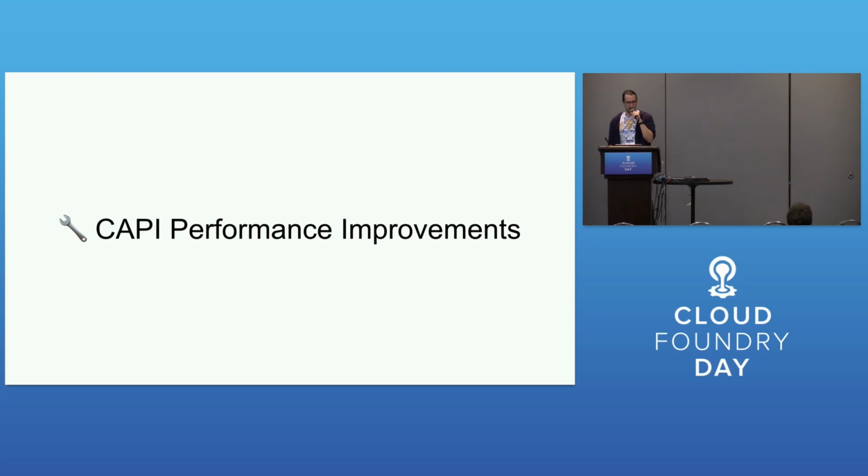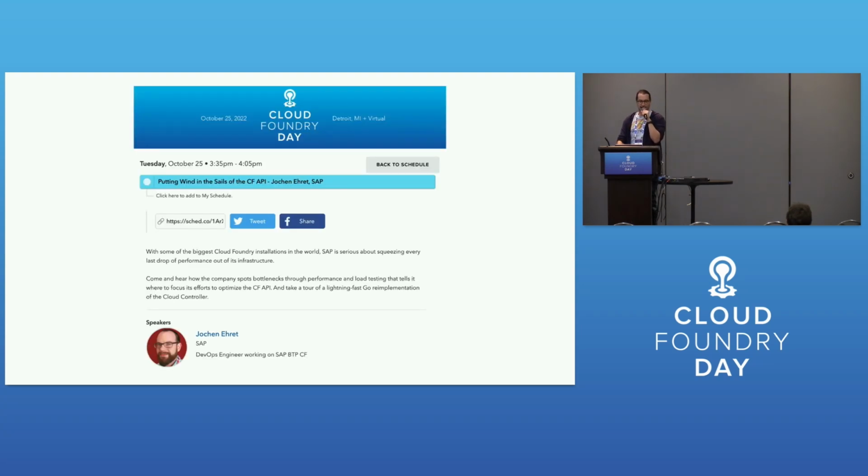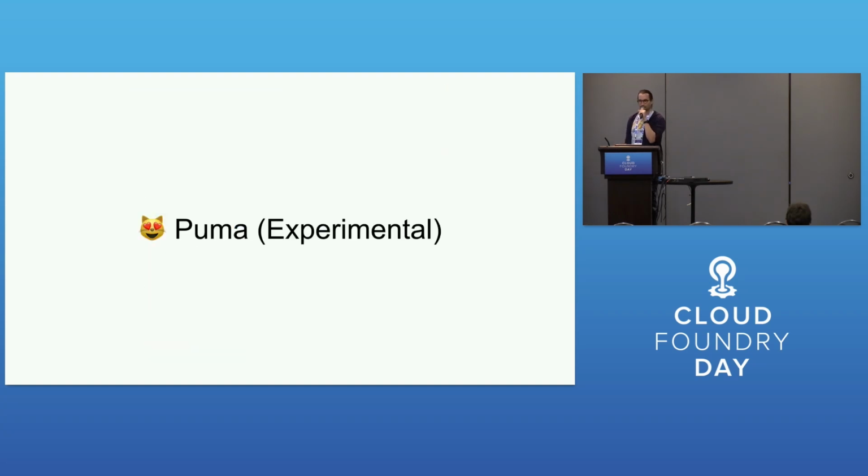Also, CAPI performance improvements. This is a really exciting topic, and I'm not going to talk about it because there's another talk about it coming up later today. So tune in then for a lot more detail than I could possibly cover in this talk. I will, however, talk about a tiny slice of that, which is Puma.